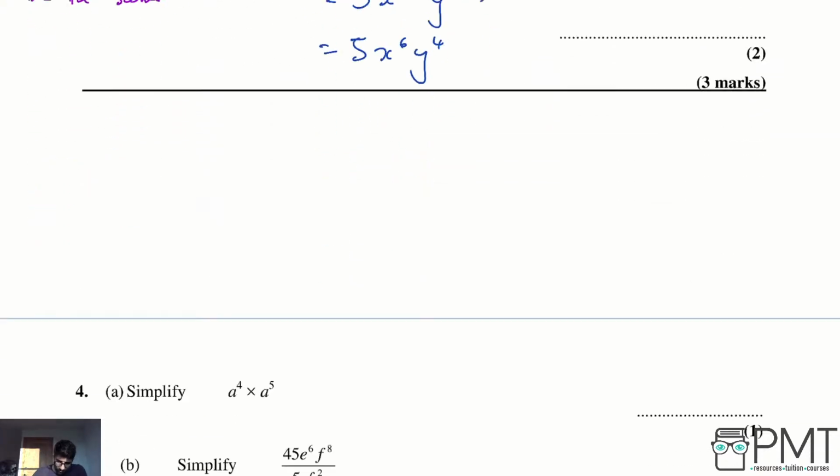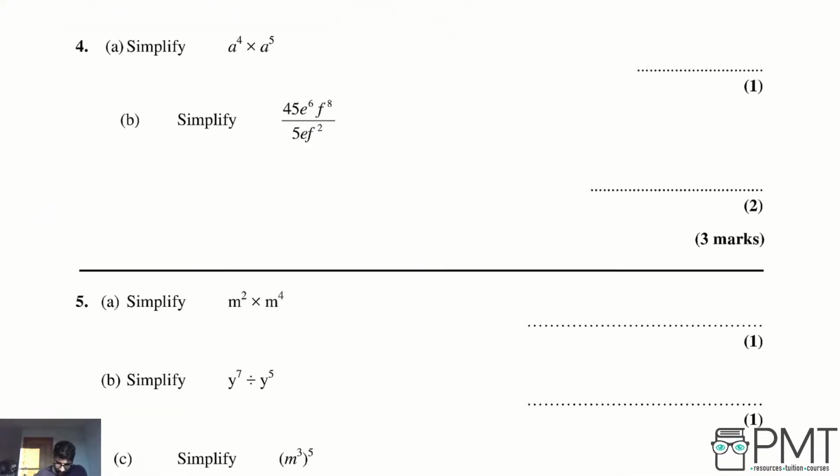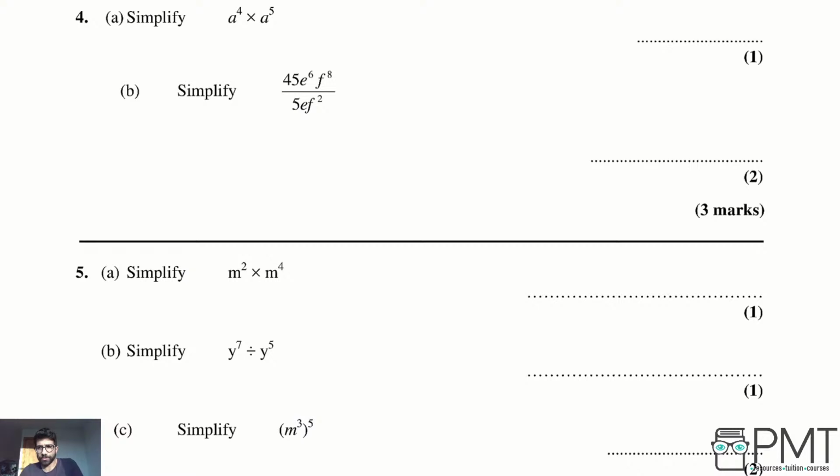Right, let's see what comes next. Let's do these. Let me know if you have got an answer to this already. Right. Same base, a to the 4 plus 5, a to the 9.